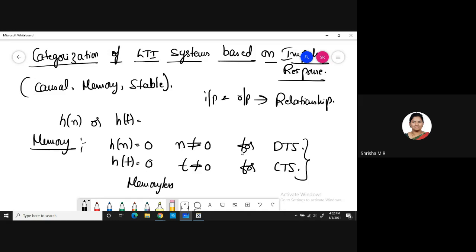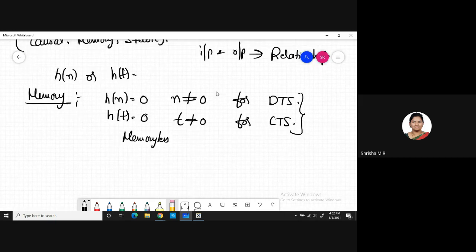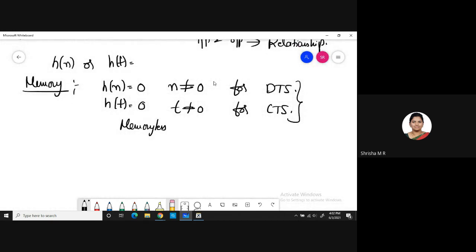Okay, so h of n should be equal to 0 for n not equal to 0. What is the meaning of this? h of n should be 0 for n not equal to 0. What's the meaning?